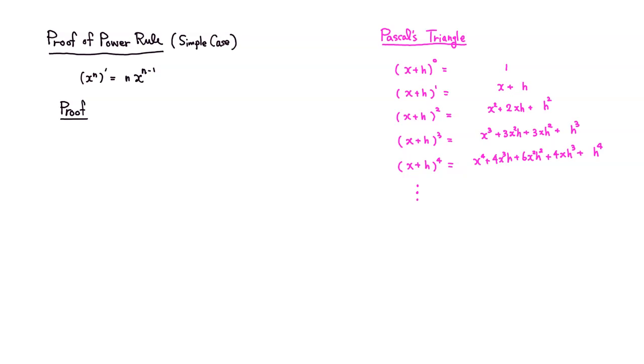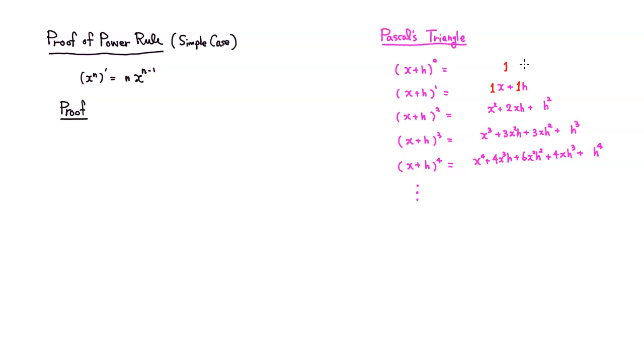Let's say you have a quantity (x + h) to the 0th power. You get 1, so we get 1 here. To the first power, you have x + h, but we're going to pay attention to the coefficient of each term. So it's going to be 1x + 1h.